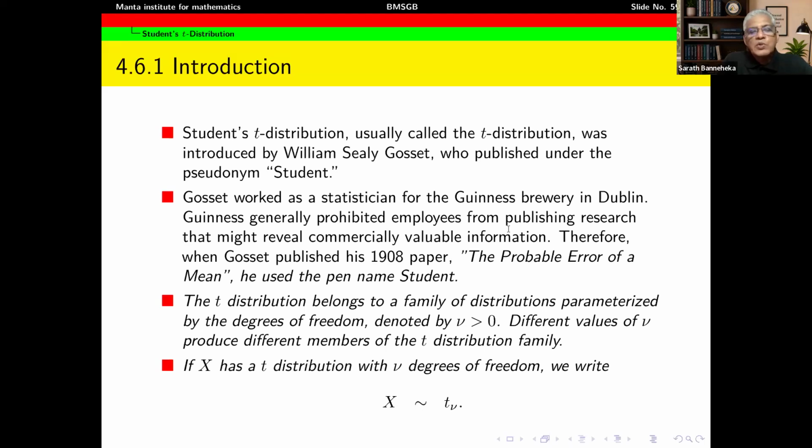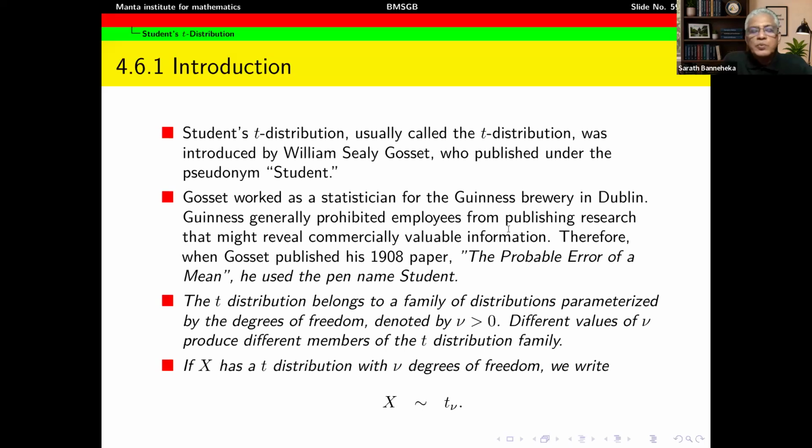The t distribution belongs to a family of distributions. And this family is parameterized by the degrees of freedom, usually denoted by the Greek letter nu. This nu is a positive number. Generally, in practice, it is an integer, but theoretically, it doesn't have to be an integer. It can be a positive real number.